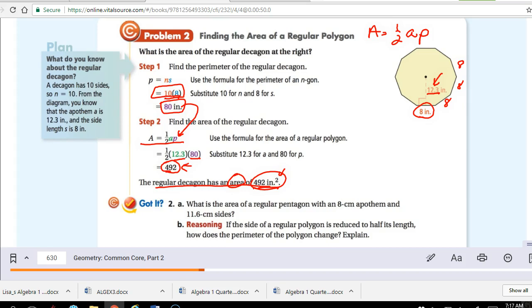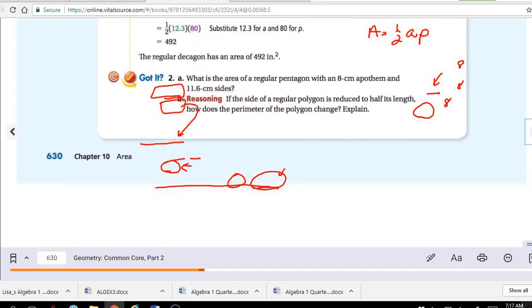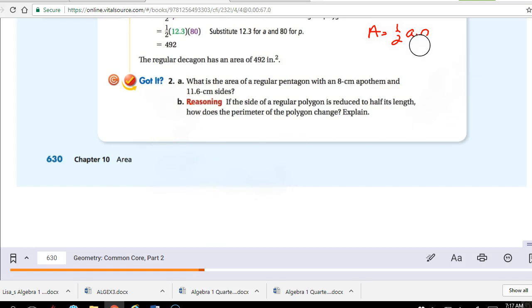All right, so let's quickly look at the two got it sections here. I'll pull this down just a little bit so that we can see it more center and erase some of this. All right, now on problem number 2A, what is the area of a regular pentagon with an 8 centimeter apothem and 11.6 centimeter sides?